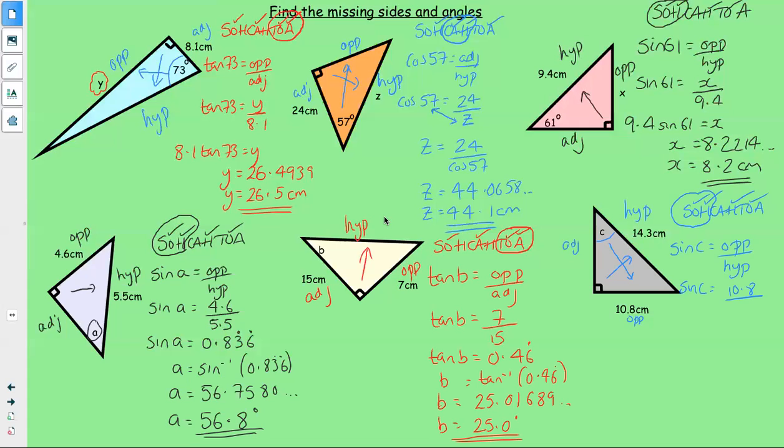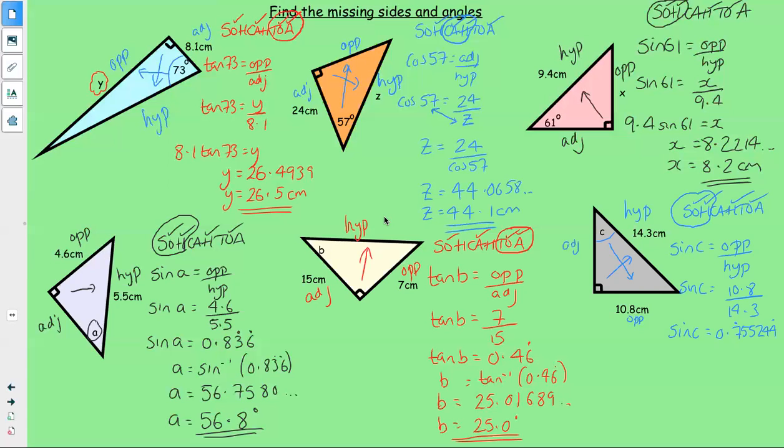Sin C equals 10.8 all divided by 14.3. 10.8 divided by 14.3 is 0.755244. I just want to show you this part here. There's a little dot above the 7, a little dot above the 4, which means everything in between repeats.